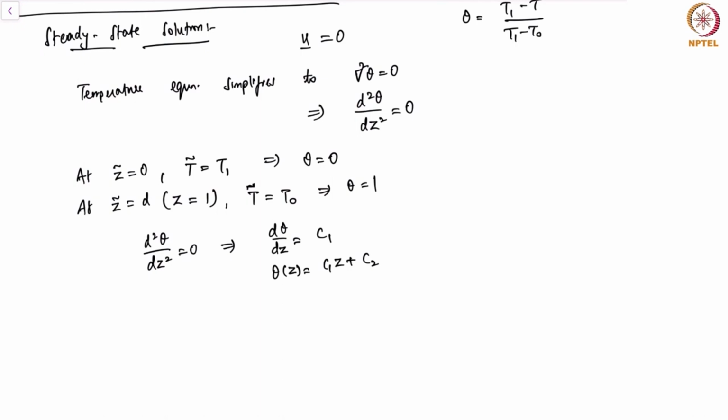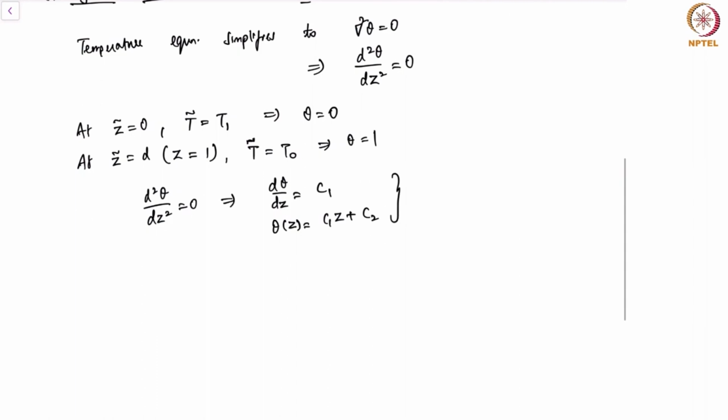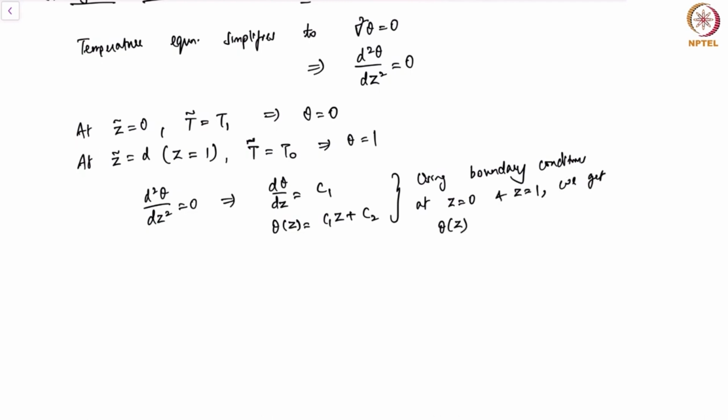If you substitute the condition at z equal to 1, then c1 will become equal to 1. And therefore, using boundary conditions at z equal to 0 and z equal to 1, we get the non-dimensional temperature distribution will be just z.